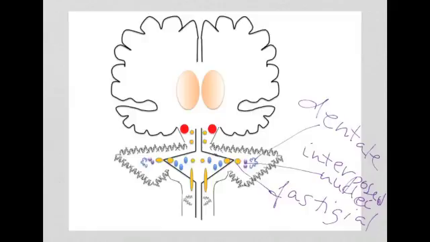Let's look at the brainstem and see what nuclei are represented there. Starting with the midbrain, the 2 nuclei in the midline would be the 2 motor nuclei, cranial nerve 3 and cranial nerve 4 nuclei.